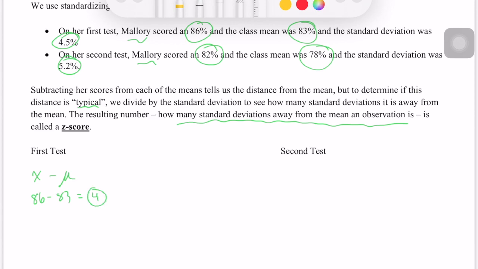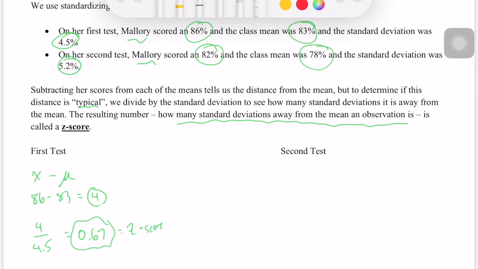Now that 4, we're going to see how many standard deviations fit in there. So I'm going to divide it by 4.5. This is going to give me something. Let me look it up. 0.67. And this is called the z-score.